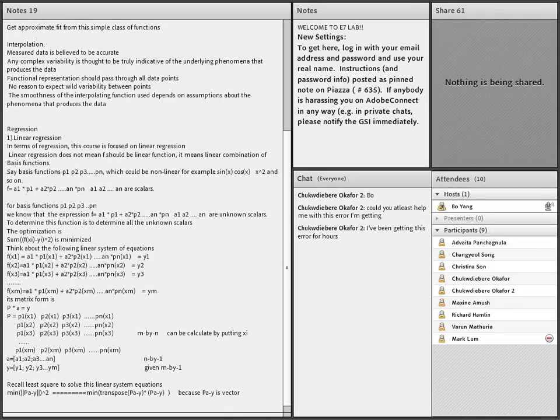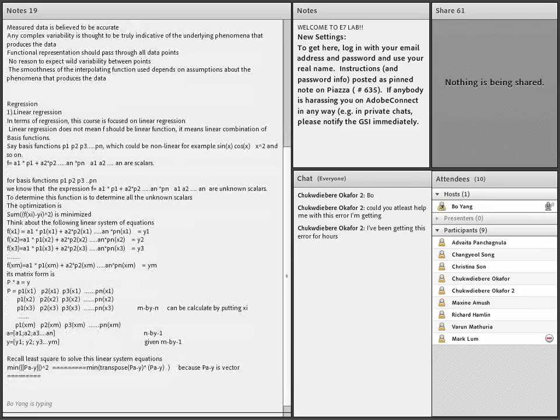And the minimization of transpose(PA minus y) multiplied by (PA minus y) is equivalent to minimizing the sum of the square of f(xi) minus yi.